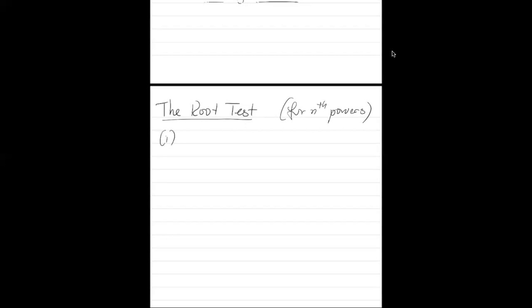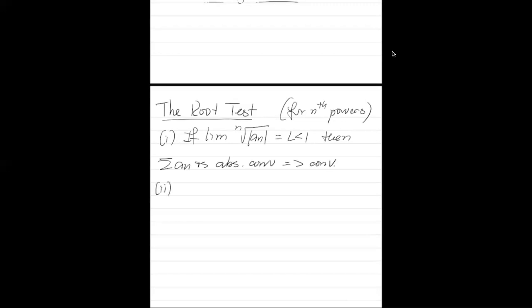It's very similar to the ratio test. If the limit of the nth root of the absolute value of the nth term is a number L less than 1, then the series is absolutely convergent, and therefore convergent by that theorem.